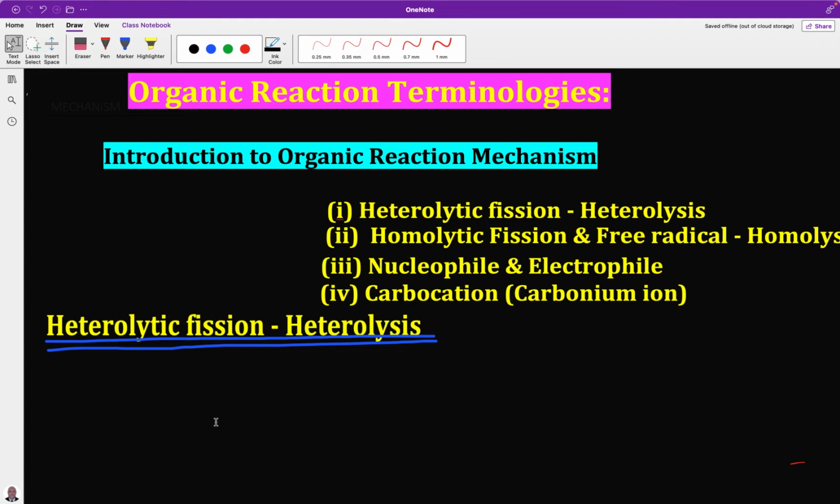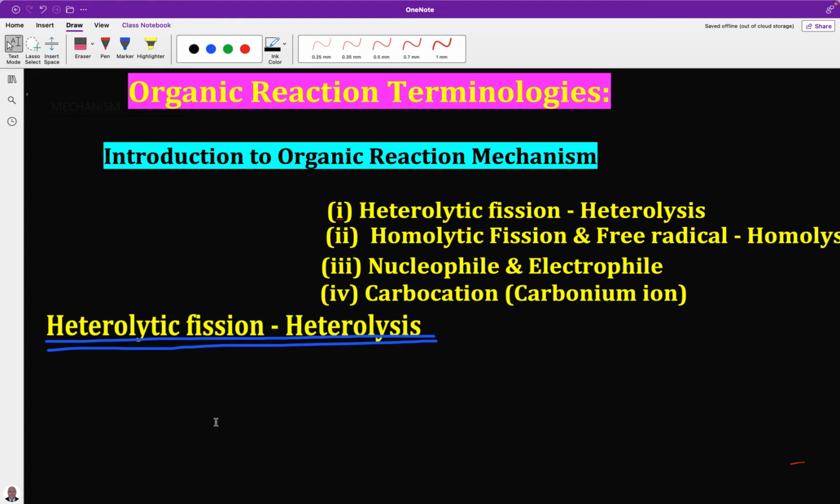One of the atoms will end up with more electrons than the other. In that case, we say the more electronegative atom takes both electrons in the covalent bond.